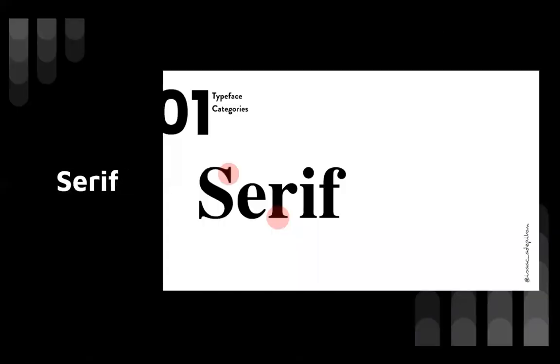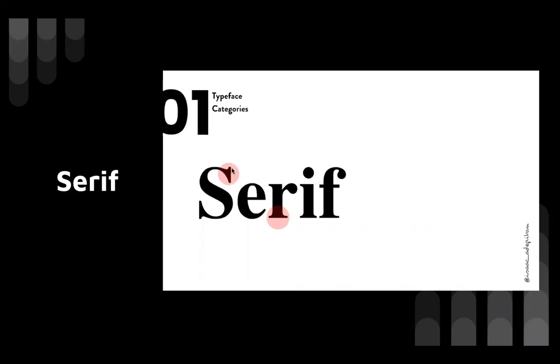So let's go on to talk about typeface categorization. Typeface categorization is into four. We have four main categories of typefaces, and the first one is serif. The way you can identify serifs is with their curly edges.